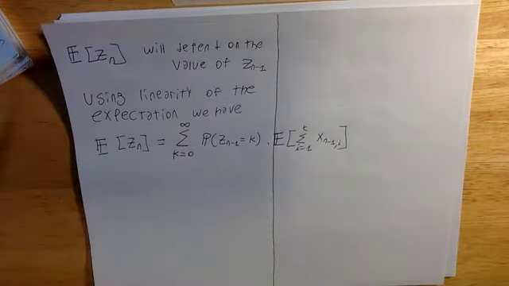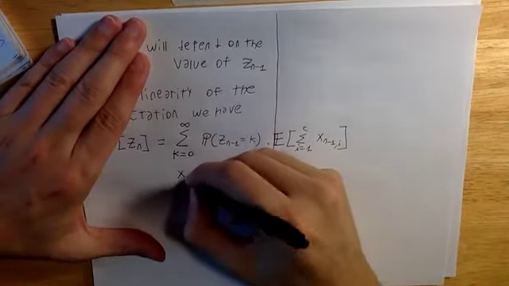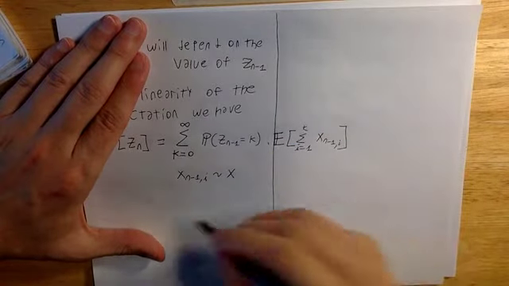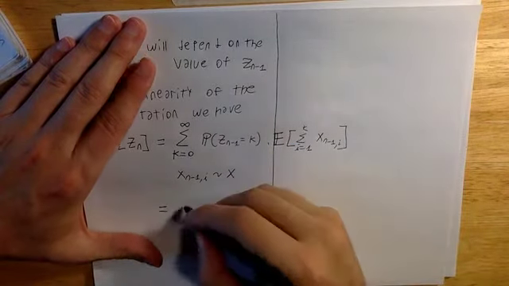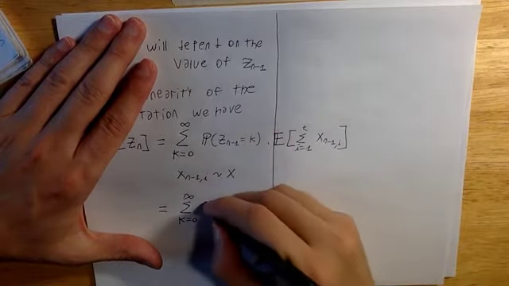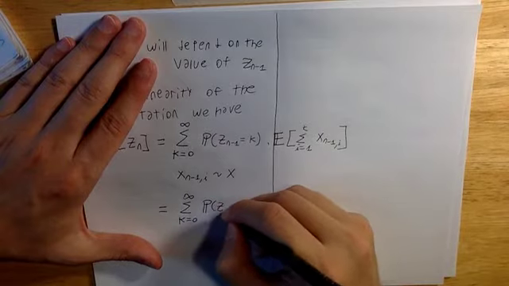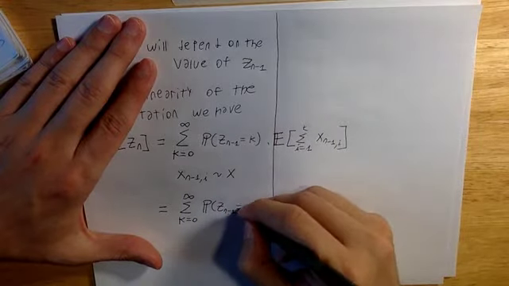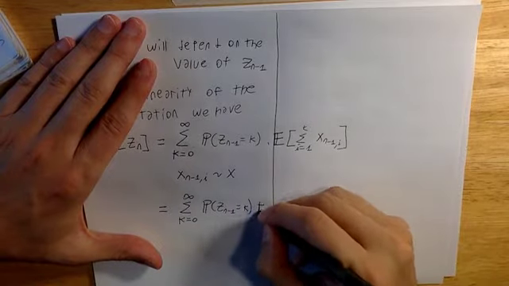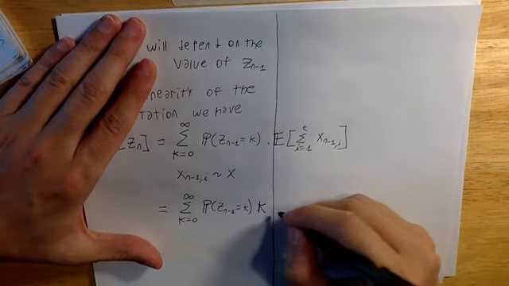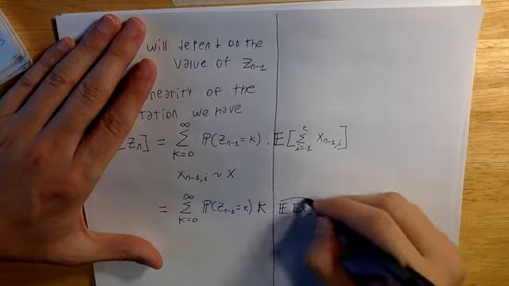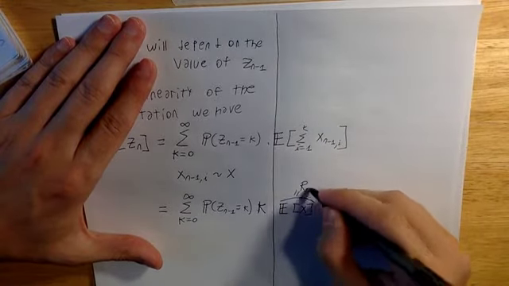But now we use that Xn minus 1 i is distributed like X to say that this is equal to the sum from k equals 0 up to infinity of the probability that Zn minus 1 is equal to k times k times the expectation of X, which is just equal to R0.